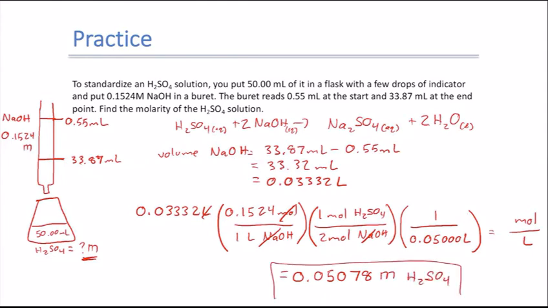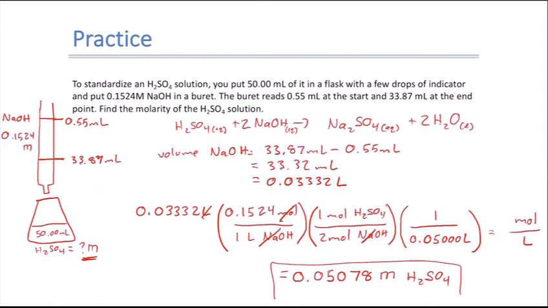This way, now I have my concentration of sulfuric acid that's in my flask here. It's 0.05078 moles per liter of sulfuric acid. So you can see when we do these calculations, once we know the volume of the known concentration, I just use the molarity of that known concentration to convert to moles. Then you have your balanced equation.